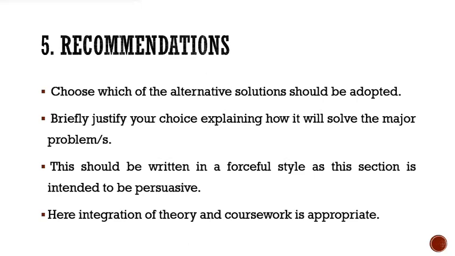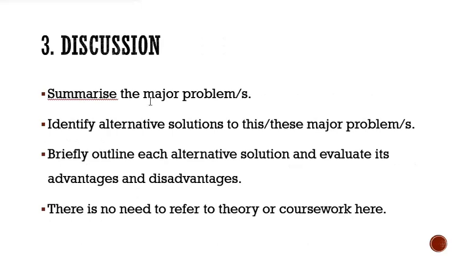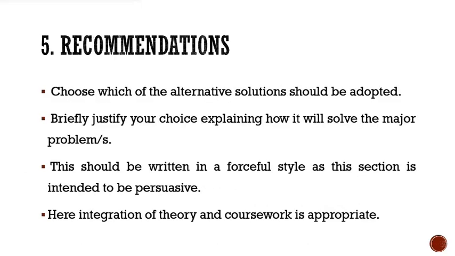Earlier we found that in discussion you find alternative solutions, and from that you have to choose which alternative solution you have to adopt. And you have to briefly justify your choice. So you might select a particular alternative solution and you have to justify why you have selected that and explain how it will solve the major problem.